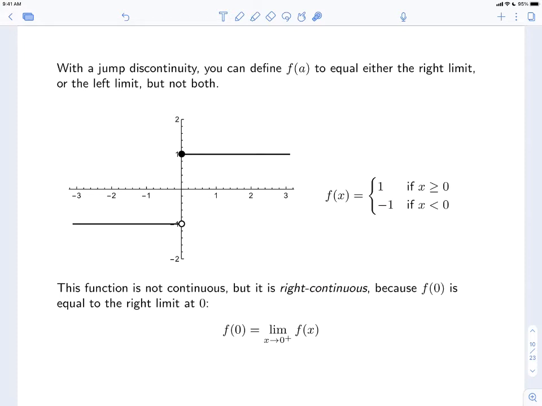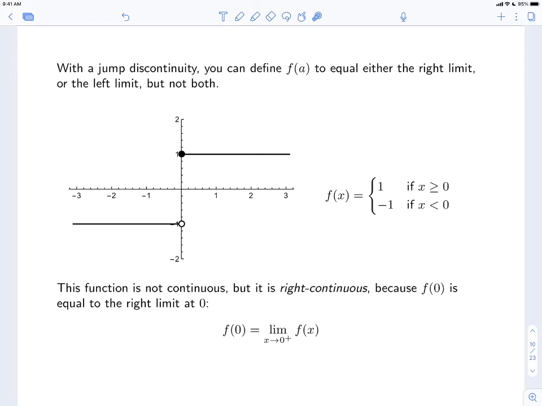It's not possible to have a continuous function when there's a jump, because the function on the left is too far away from the function on the right. In order for a graph to represent a graph of a continuous function, all of the pieces have to connect. There can't be any holes or gaps or jumps.